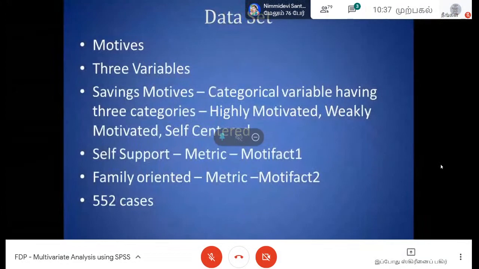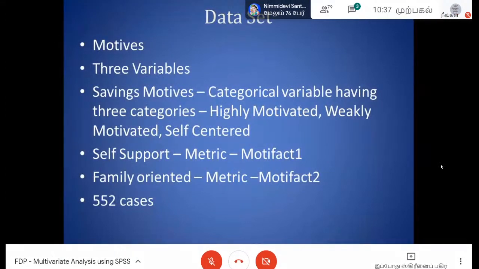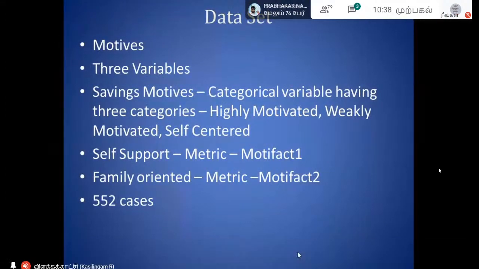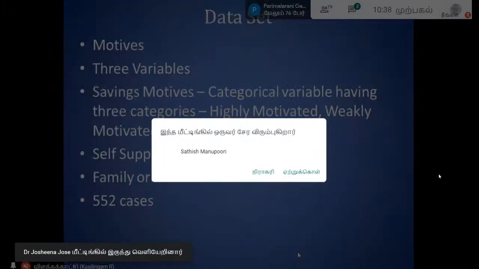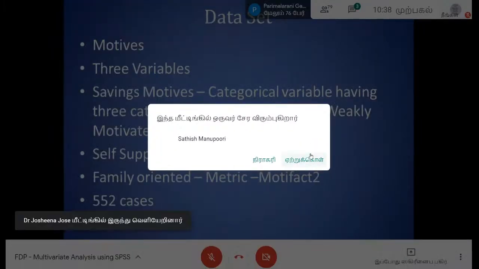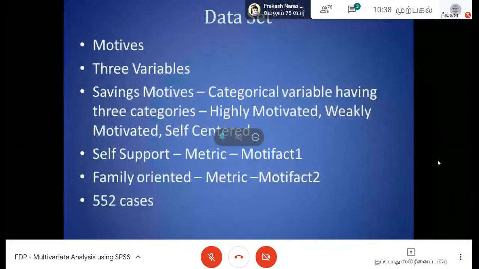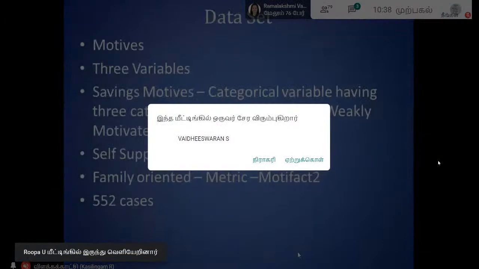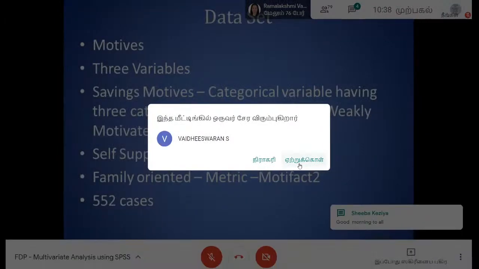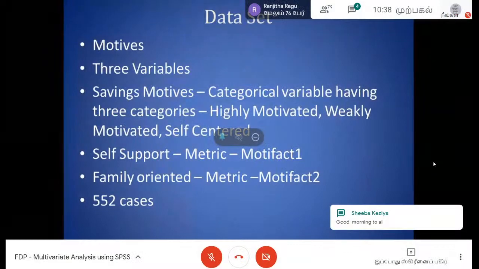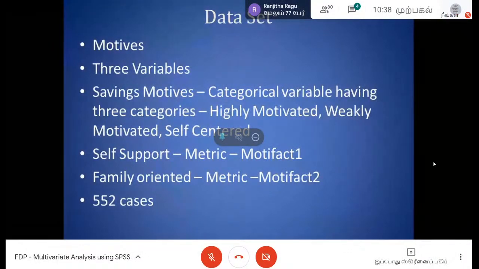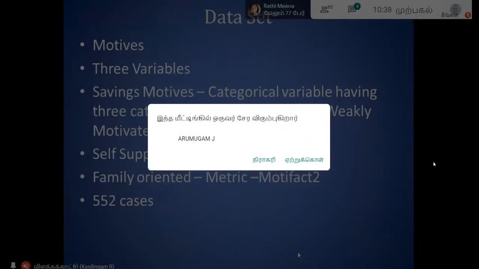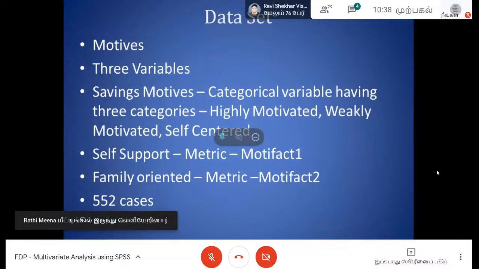If the probability of failure is more, then the bank should not give the loan. So I want to predict whether he will fail or repay. My dependent variable is category. We will try to find out the probability of failure. If the probability of failure is more, we will say he will fail. This is the typical situation.